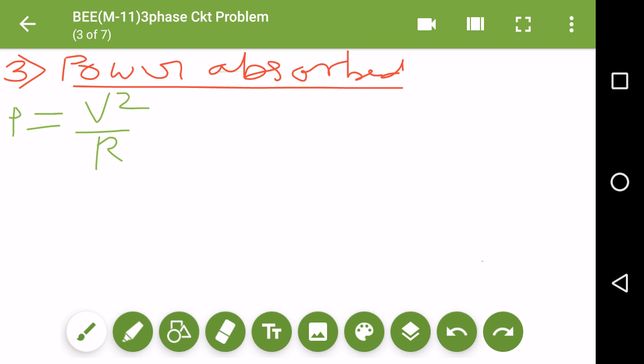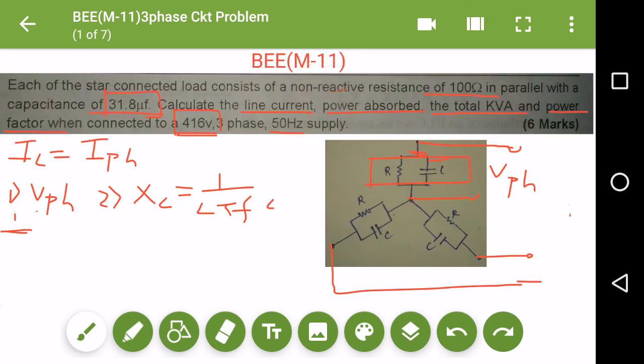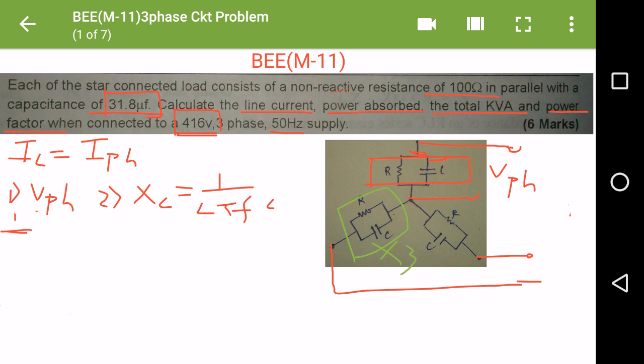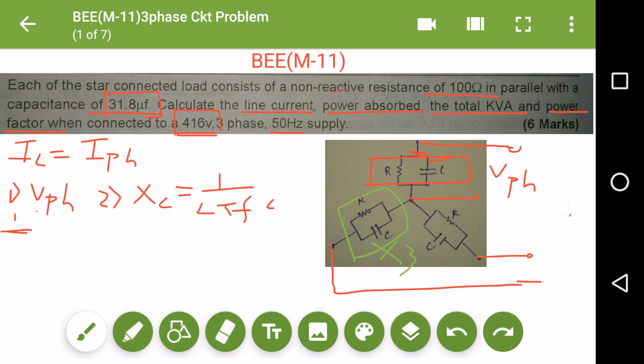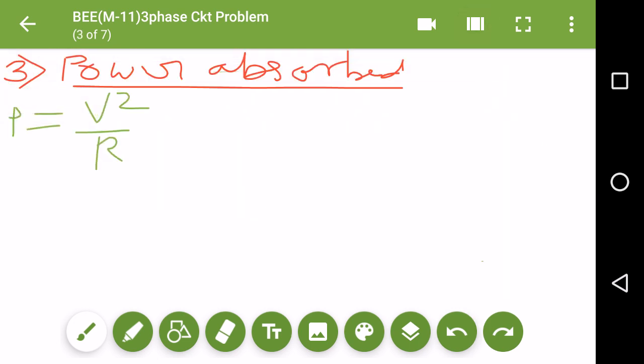Remember, this power is the power in only one branch. So I am finding the power absorbed in this branch. By multiplying with 3, I will find the power consumed in the other two branches as well. So in this formula, I will just multiply by 3 to get the total power absorbed.